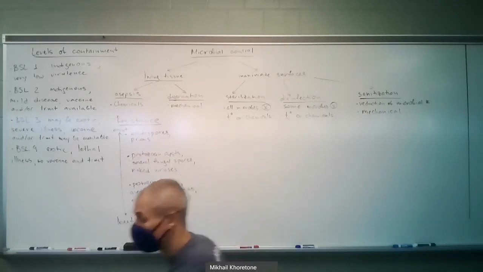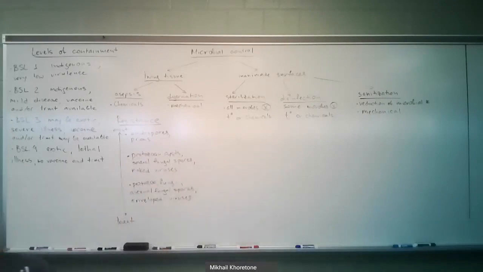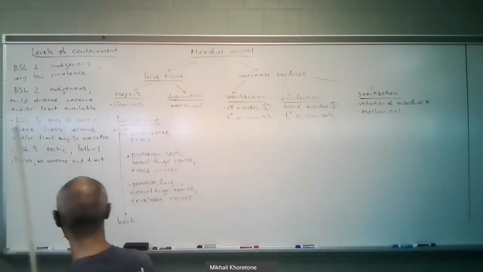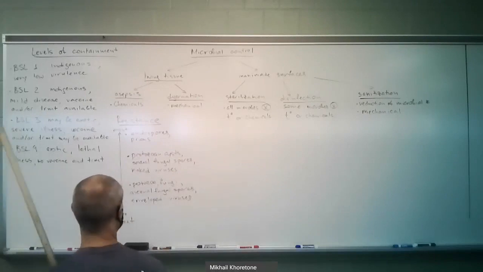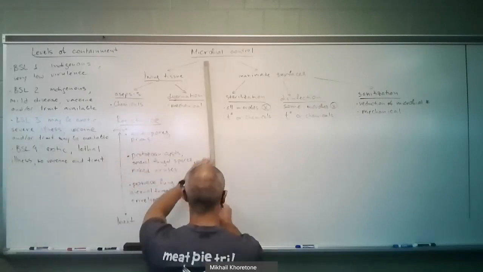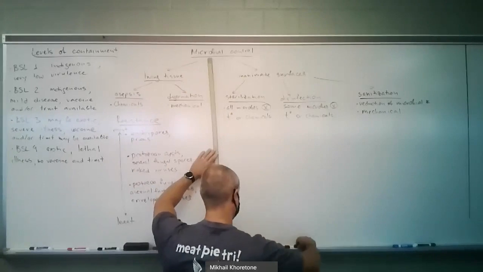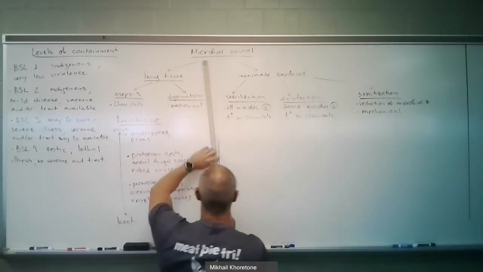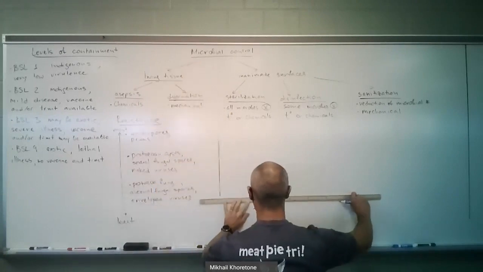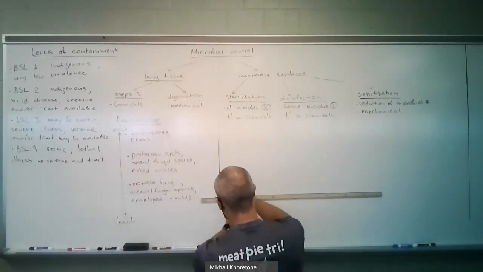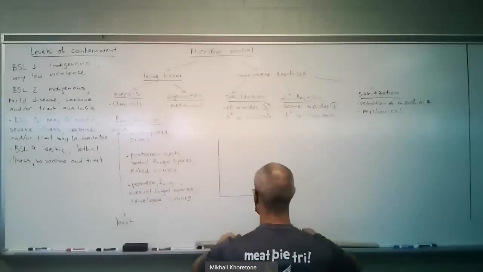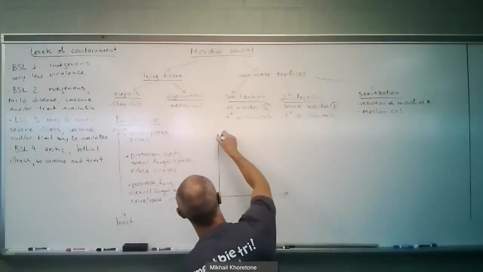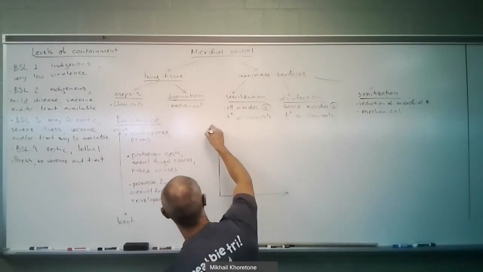Now, another concept that I want to introduce is called D-value. Okay, so imagine that this is sort of a survival graph of microorganisms. This is number of cells.